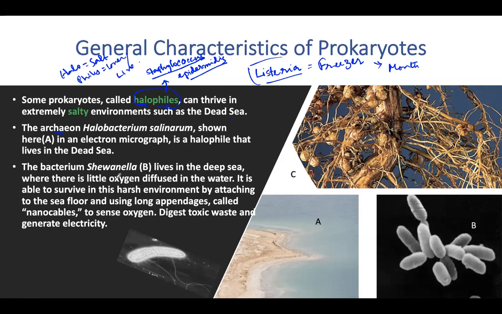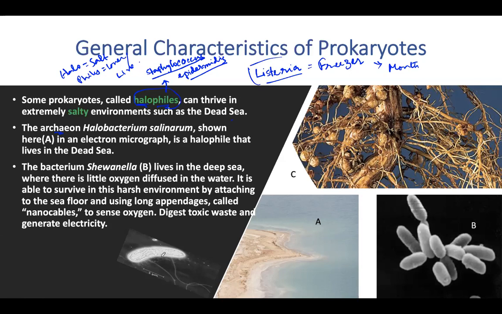The bacterium Shewanella lives in the deep sea, where there is little oxygen diffused in the water, and these bacteria are able to survive in this hard environment. The deep sea means extremely high amount of salt and very low oxygen.